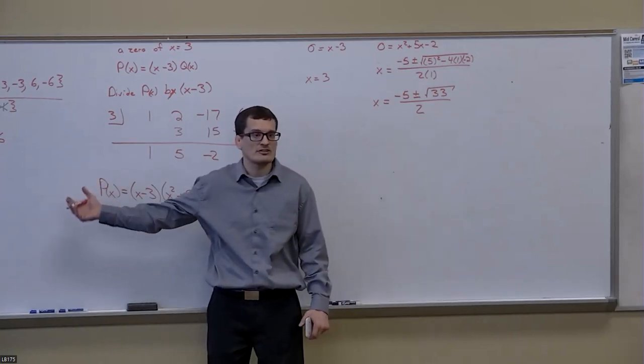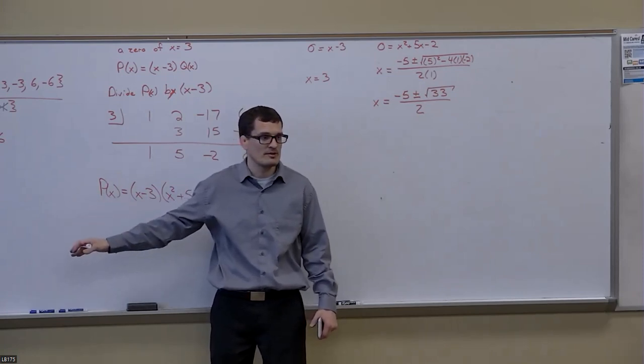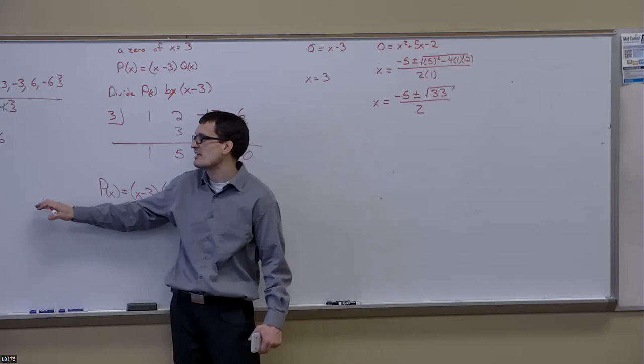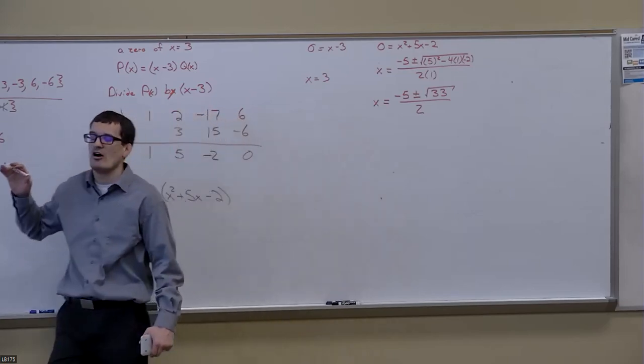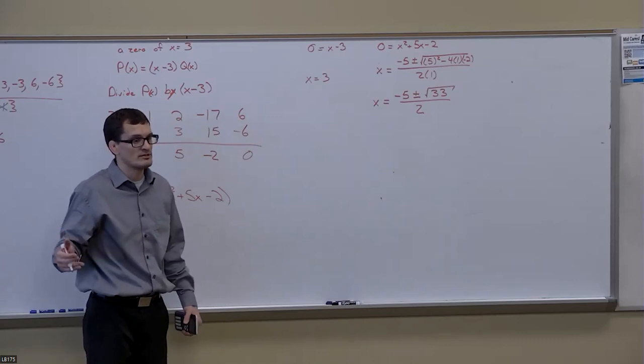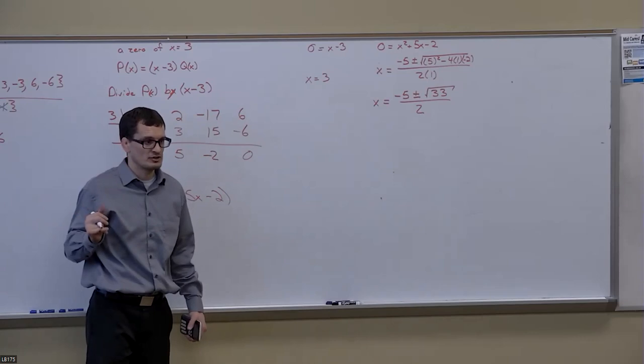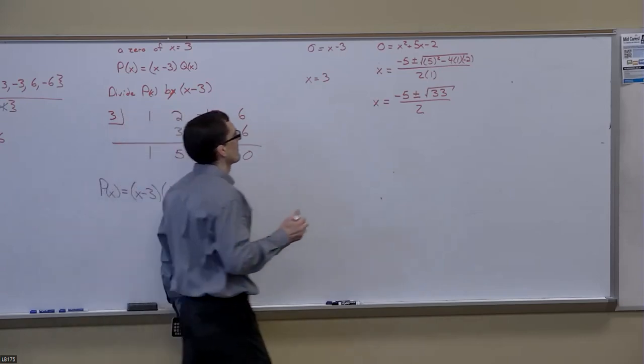Remember, this is the rational zeros theorem. This is not the real number zeros theorem. It doesn't mean that a polynomial can't have any more real numbers. It means that this is all the rational options. Okay?